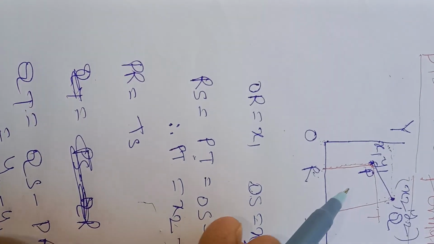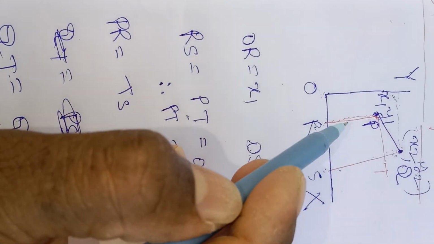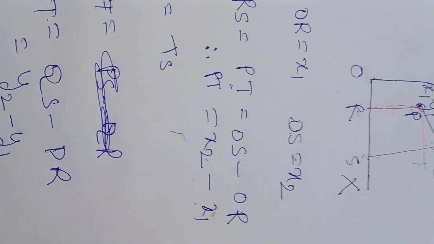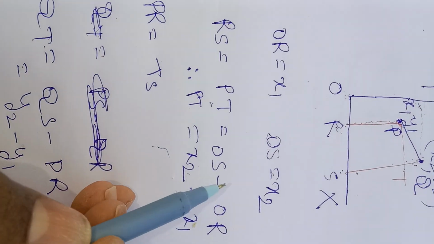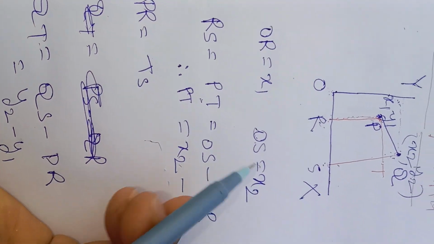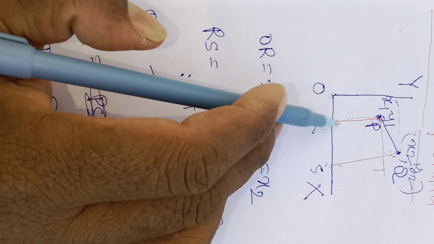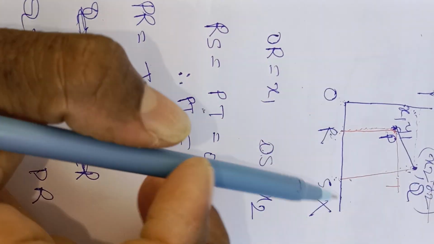Next, RS, this distance we need. This distance corresponds to x2 minus x1. RS corresponds to the PT.